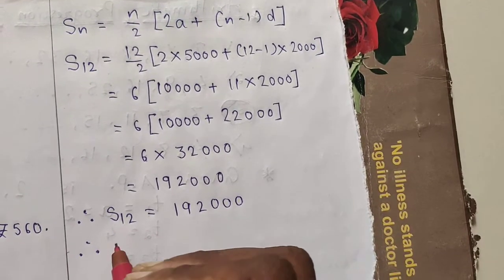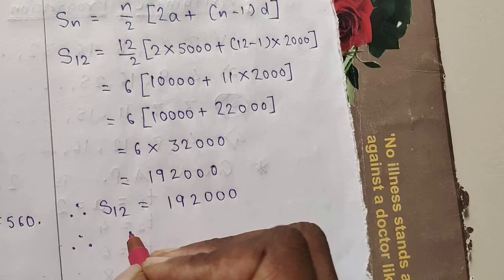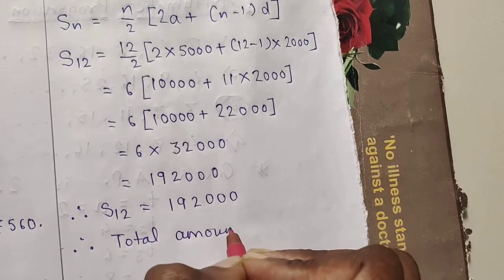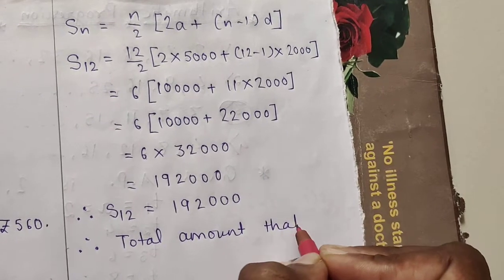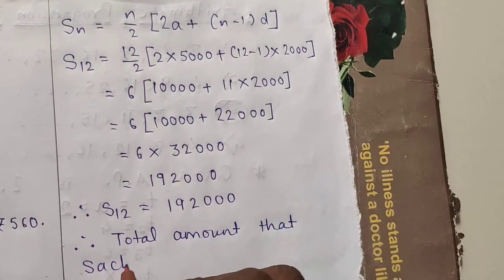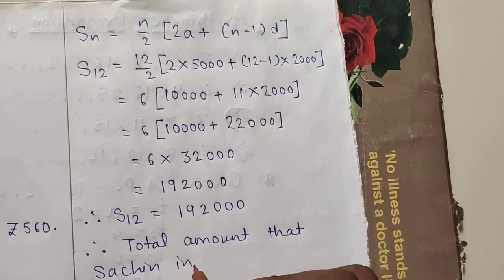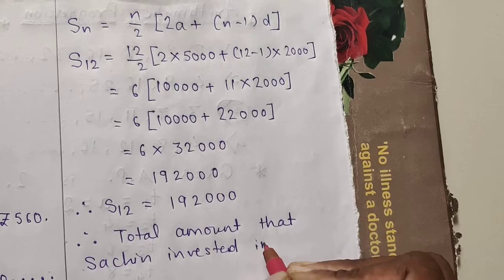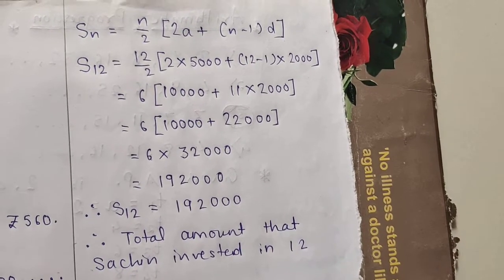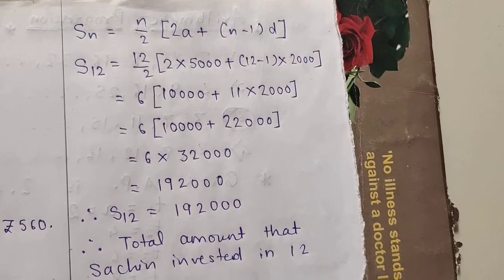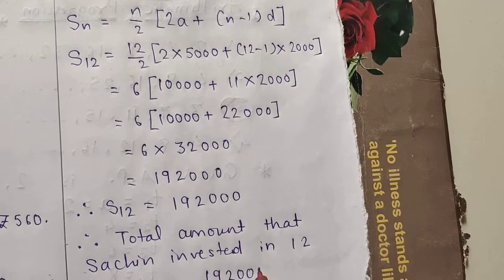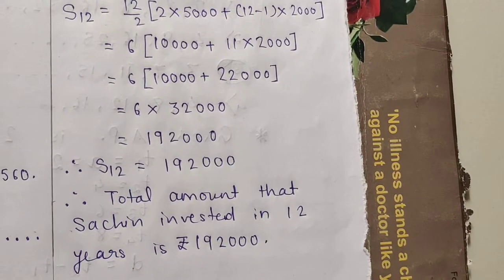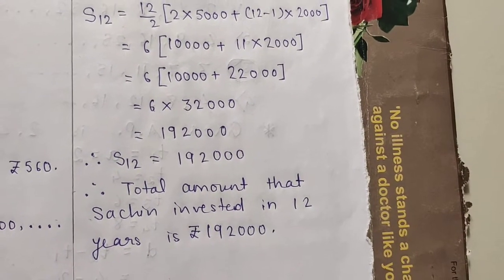So let us write our final answer, that is the total amount that Sachin invested in 12 years is 1,92,000 rupees. Okay, so in this way we have completed this question also.